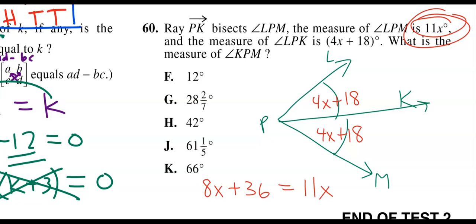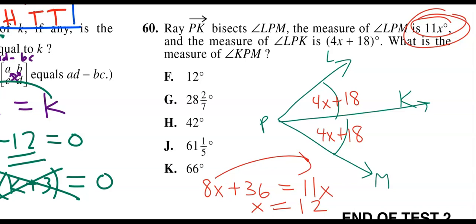I'm pretty sure you guys can do this one pretty quickly. Now, tell me why the answer is not 12. Because I got an x value of 12. All right, I subtracted that over to the other side. I got 3x. I divided by 3. I got 12.